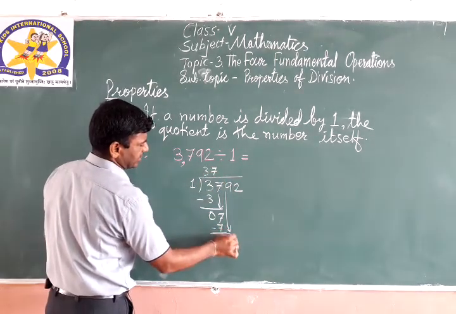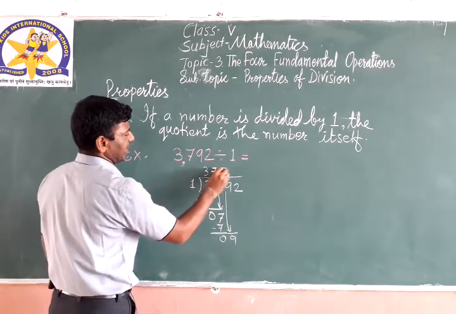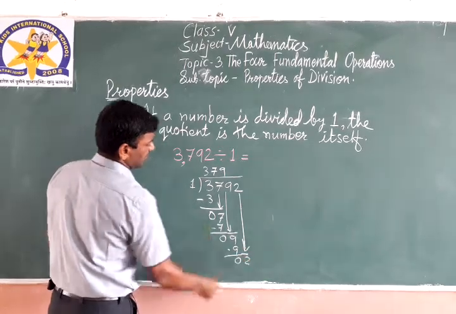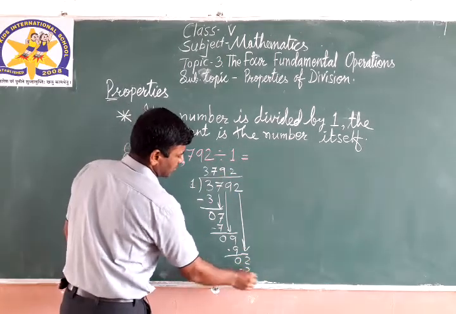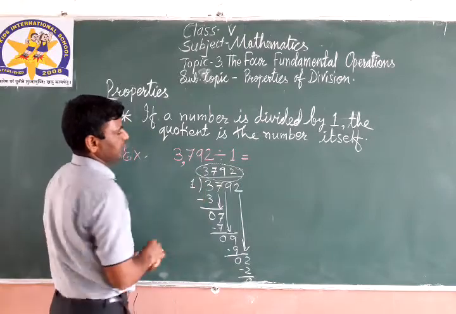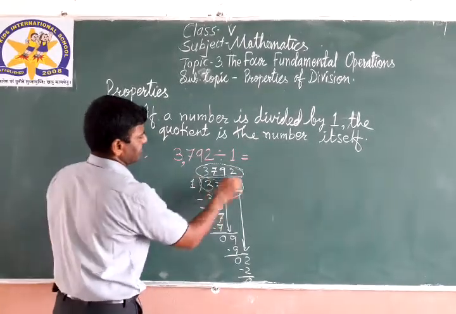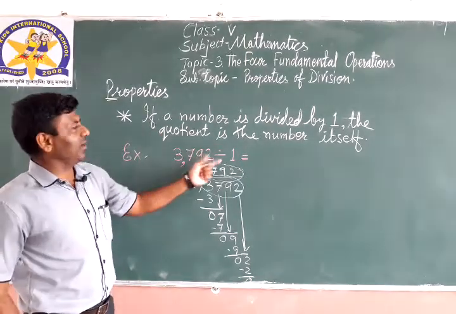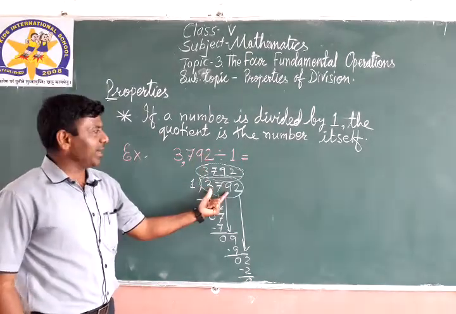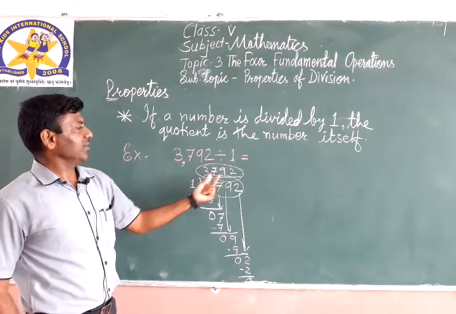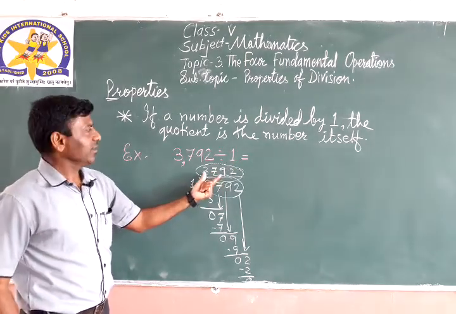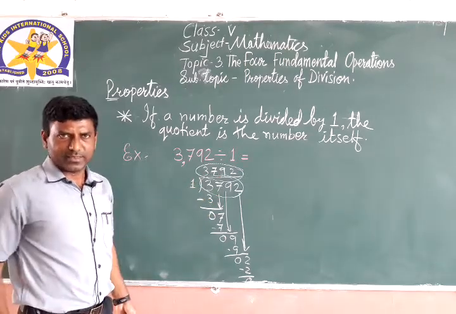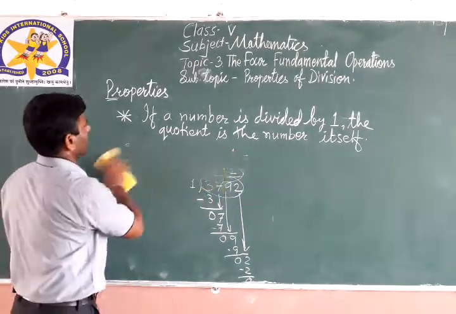Then we are putting next digit, that is 9. Then 1 9 is 9. Then 2. 1 2 is 2. Is the answer same? Yes, this is our first property. If a number is divided by 1, the quotient is the number itself. Understand?